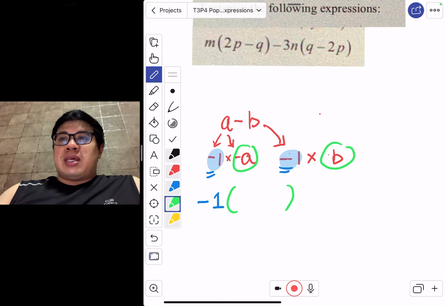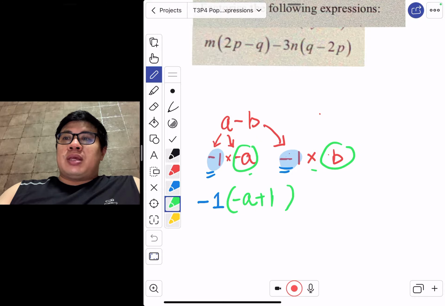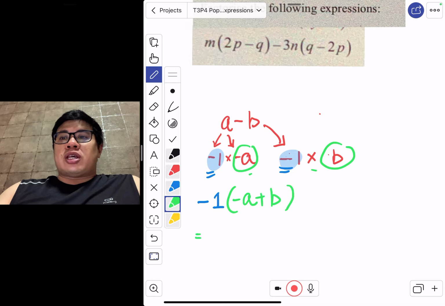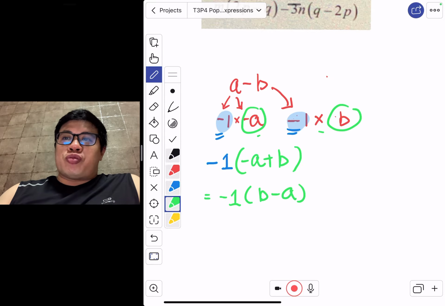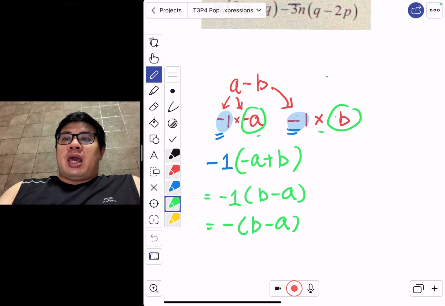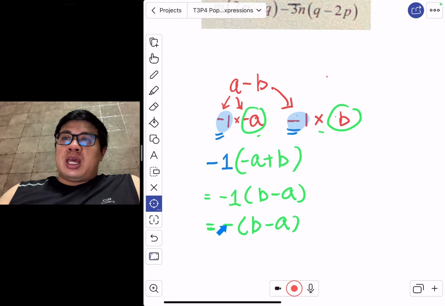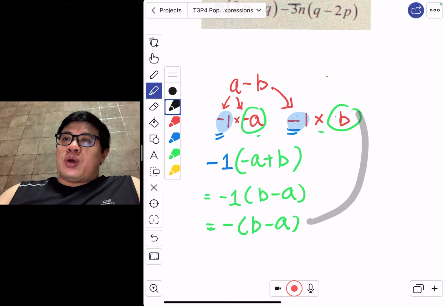So this gives me negative a plus b, or basically we can write this as negative 1 multiplied to b minus a. We don't have to write the number 1, so we just write it as negative of b minus a. If you don't believe me, try expanding this and you will get back the same thing, b minus a.